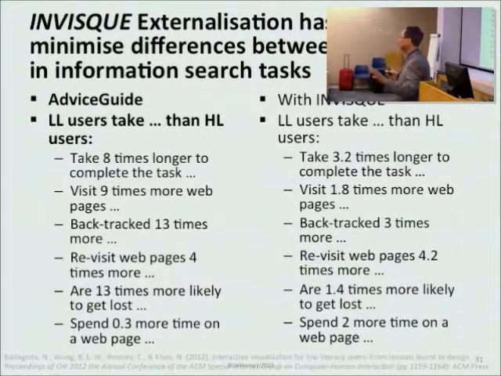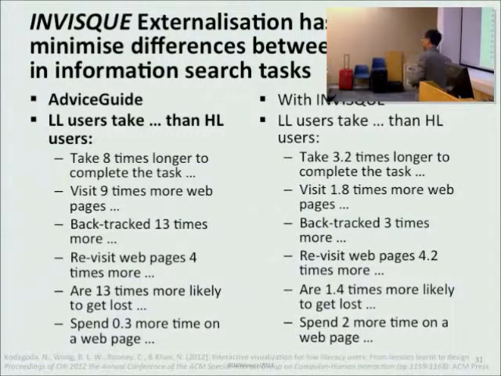Same content in the Citizens Advice Bureau. For those of you not familiar, the Citizens Advice Bureau is the organization that supports socially disadvantaged citizens in finding information about health, taxation, social benefits, housing support, whatever. Now, that kind of information is embedded in a very deep and wide website. Now, we took that information and we converted it into the InVisic website.